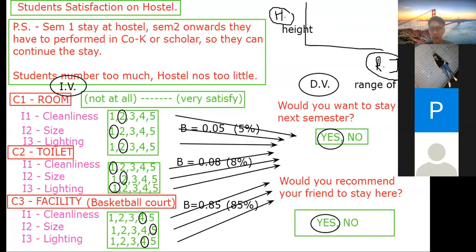Okay, thanks Suping, Yin, Alex, Adeline, Wen Xuan, Jody. Yes, correct. It's height. Height is the IV. You are right. So RJ is range of jump. Range of jump is the dependent variable. Correct. Good job. So one is IV, one is DV.